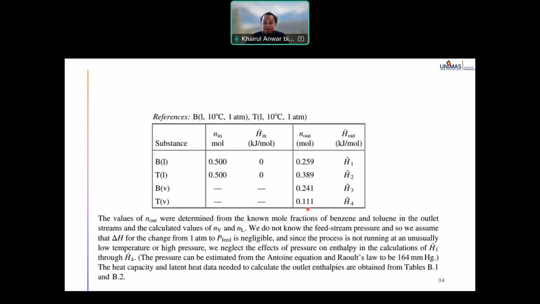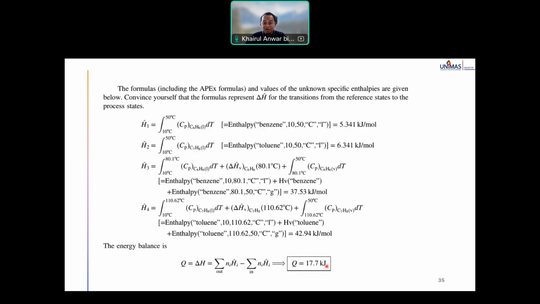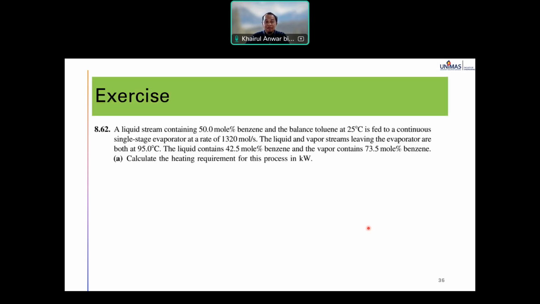This is the mole. Then you see the unit without mole, 17.7 kilojoule. So you try this exercise. The principle is the same.